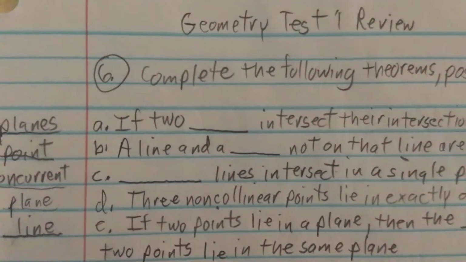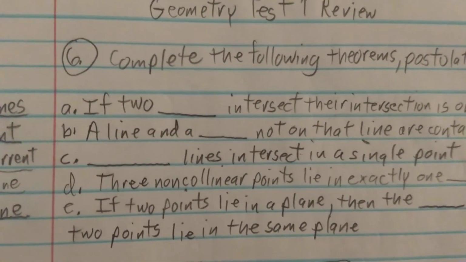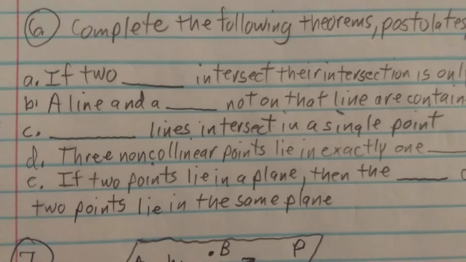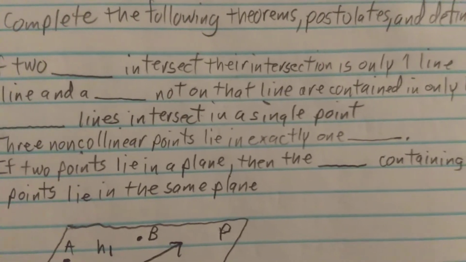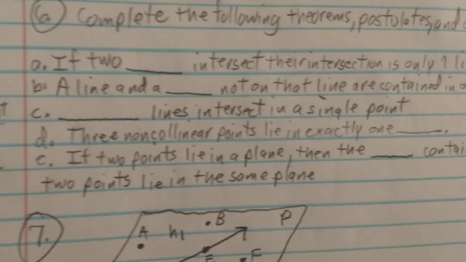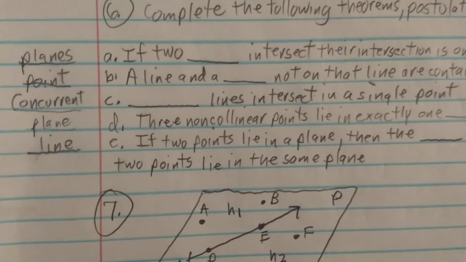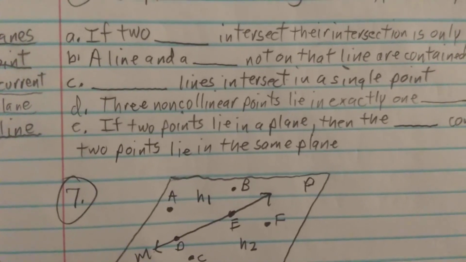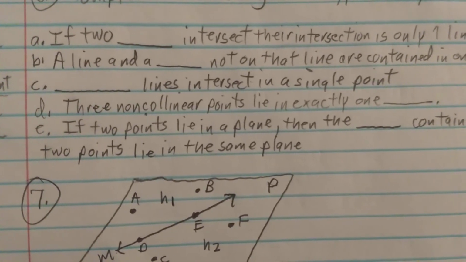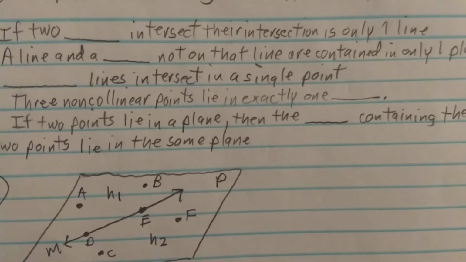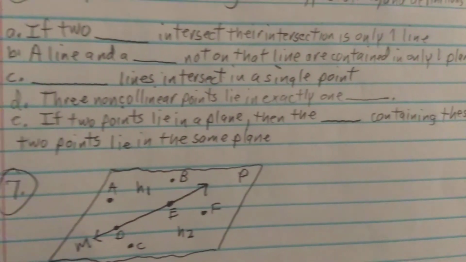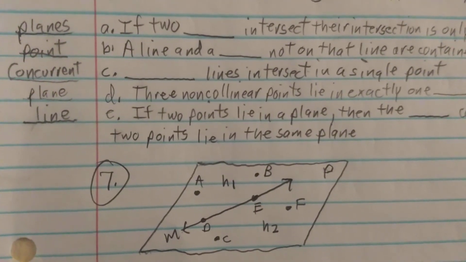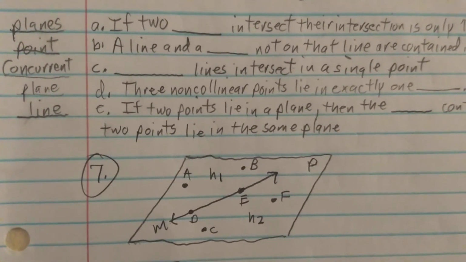On problem 6, we want to complete the following theorems, postulates, and definitions. If two blanks intersect, their intersection is only one line. So here we need planes, if two planes intersect. Now for B, a line and a blank not on that line are contained in only one plane. And that's the theorem, or postulate rather, a line and a point not on that line.